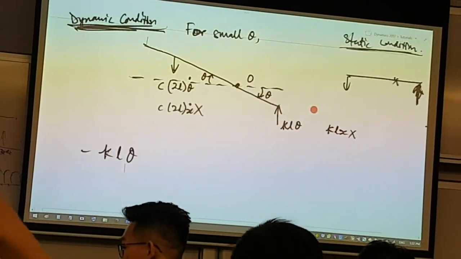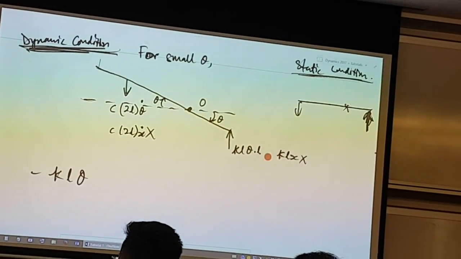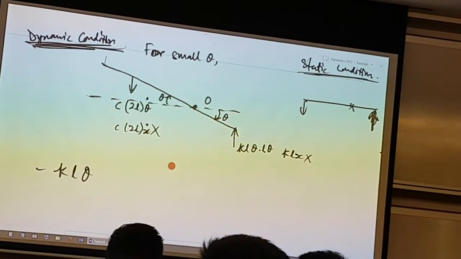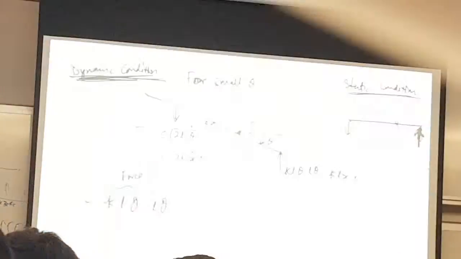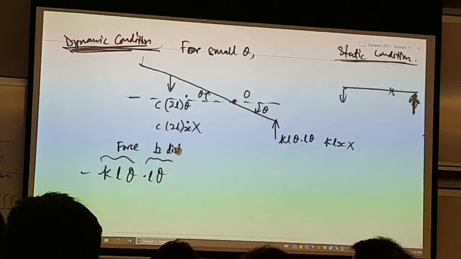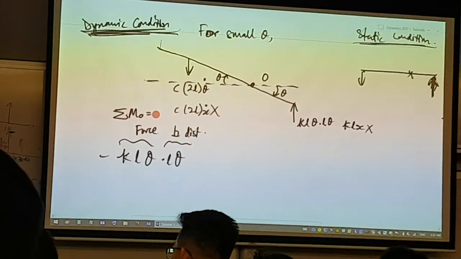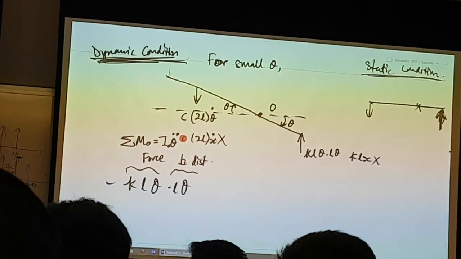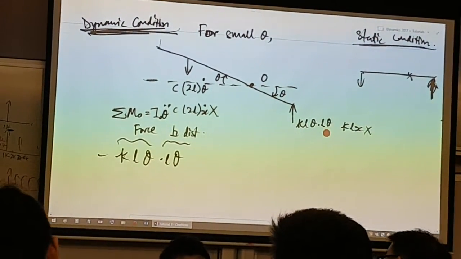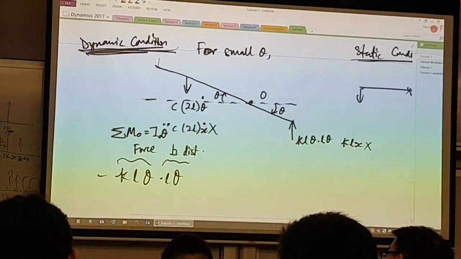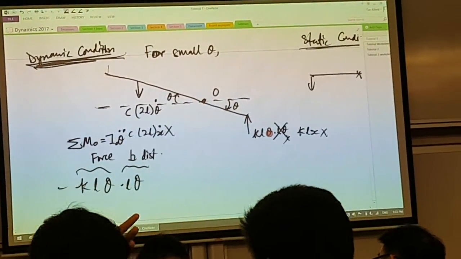Oh, by the way, if your friend wrote down this and then multiplied by L here, this is force, this is perpendicular distance, then you get moment, because we're going to sum up moments around point O. So if this force over here is written as a moment, then please mark your friend wrong. It's only the force.